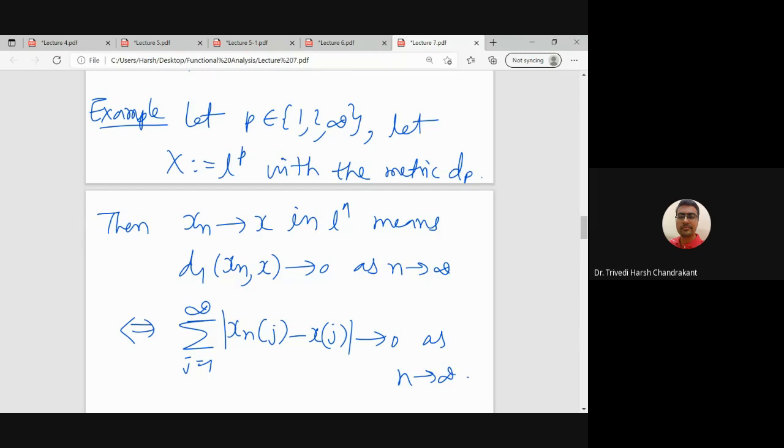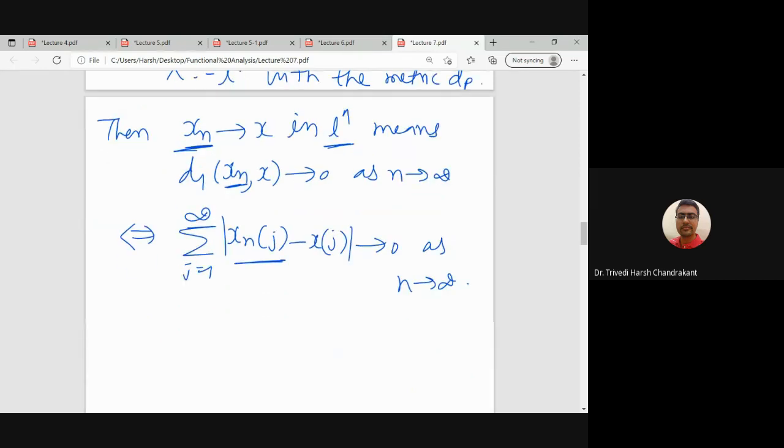So now you can see that we are considering a sequence of sequences, right? Because every element of L1 is a sequence, and we are taking a sequence of elements of sequences. Therefore, we are using the bracket j notation. Okay, so this is the condition required for the convergence of a sequence in L1.